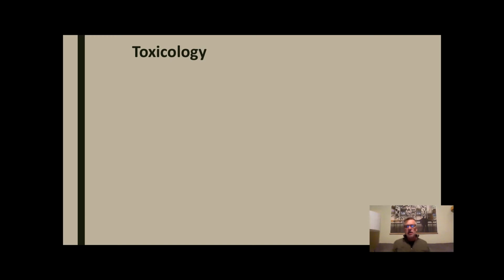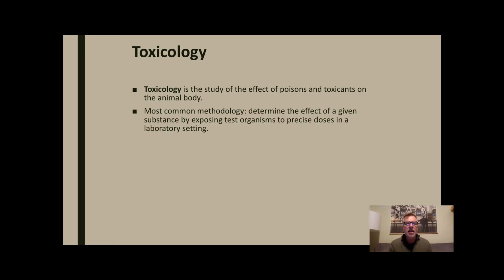Okay, first, toxicology. Toxicology is the study of the effect of poisons and toxicants on the animal body, and it's done in a lab setting. The most common methodology to determine the effect of a given substance is to expose test organisms to precise doses in a laboratory setting, a very highly controlled setting.